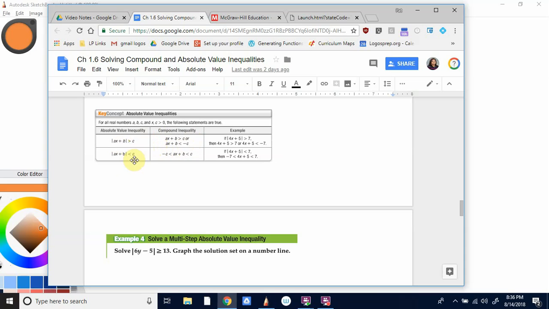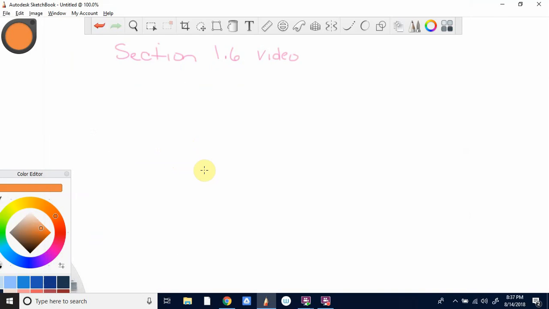When you have the absolute value less than C, it's going to be an and, which you can write as one continuous. The other option would say AX plus B less than C. I like to just do it the way it is, I take the expression inside there, I flip the inequality sign, and it's opposite.